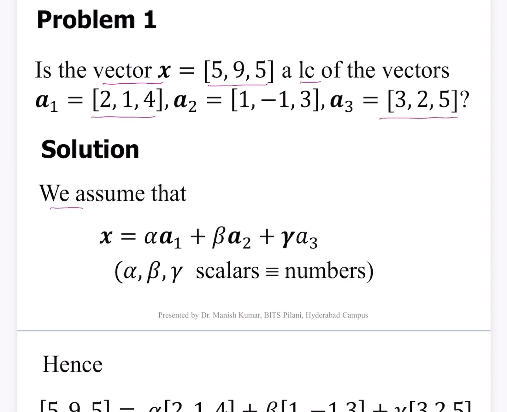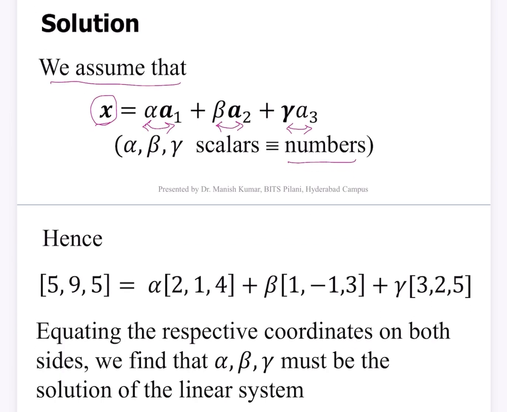Solution. What does it mean? x can be written as the linear combination alpha times a1 plus beta times a2 plus gamma times a3, where alpha, beta, gamma are scalars or real numbers. So (5, 9, 5) can be written as alpha times the a1 vector plus beta times the a2 vector plus gamma times the a3 vector.